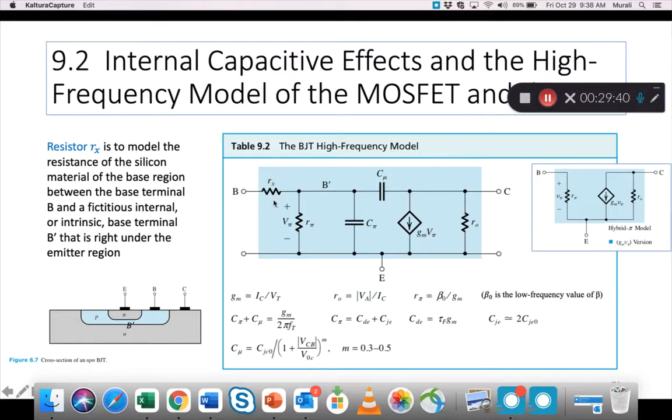So what is Rx? Resistor Rx in the model is to model the resistance of the silicon material of the base region between the base terminal B, this terminal, and a fictitious internal or intrinsic base terminal B prime that is under the emitter region. So apparently you assume that there is a B prime terminal here, and the resistance from here to here is Rx.